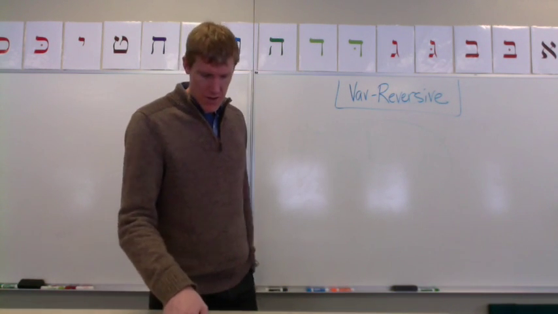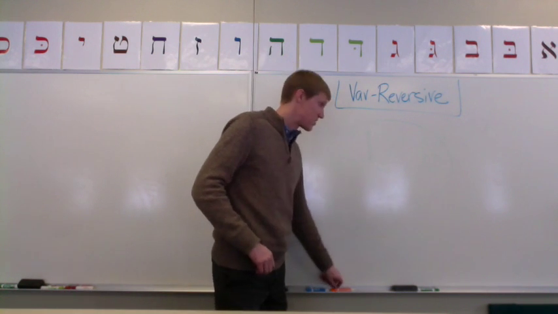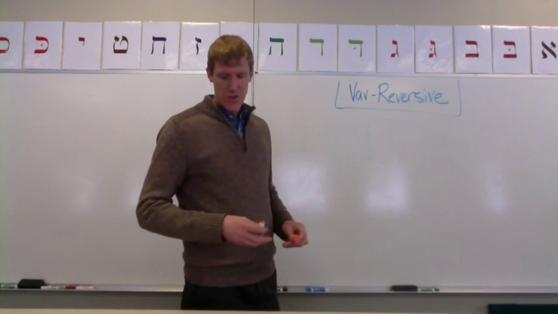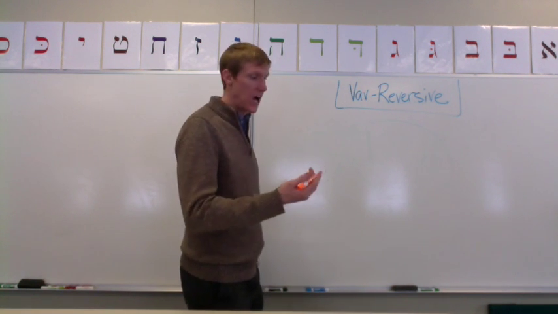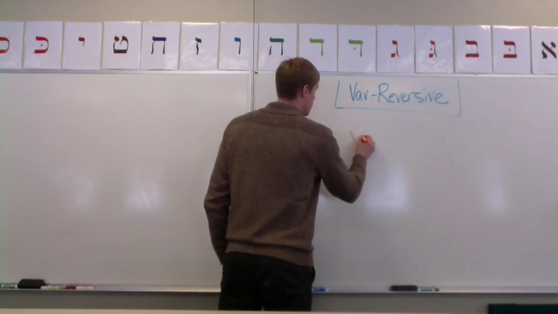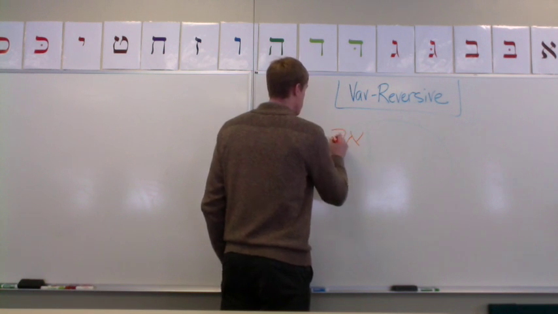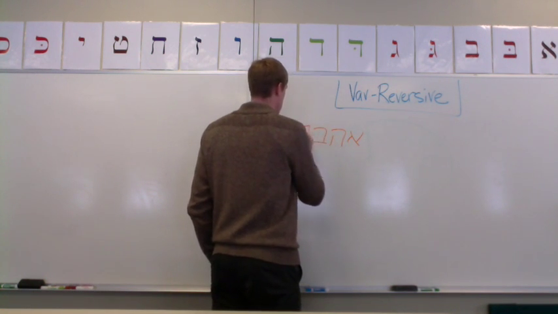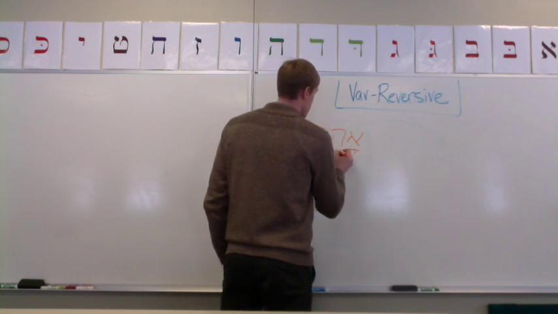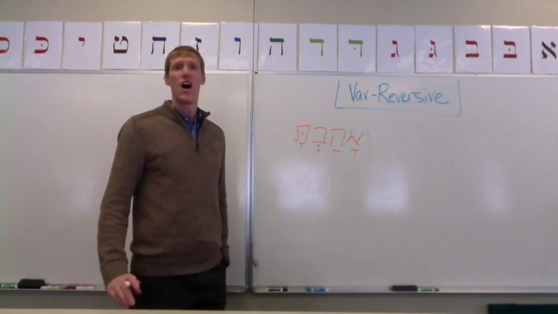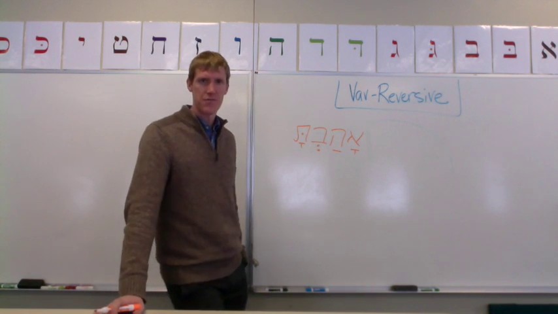So the way that a Vav-Reversive is created is you take a perfect form, or a form upon which an affix has been created. We'll just use ahavta as an example. Okay, here we have ahavta. Hopefully you can see that.